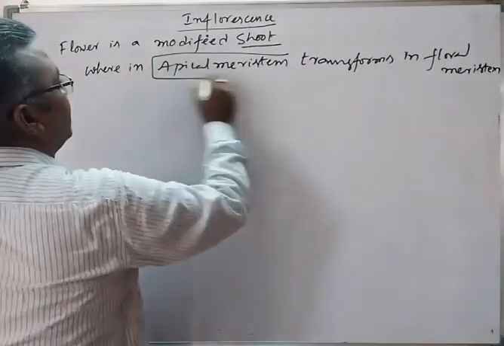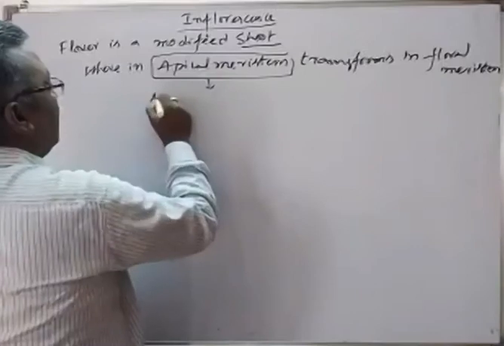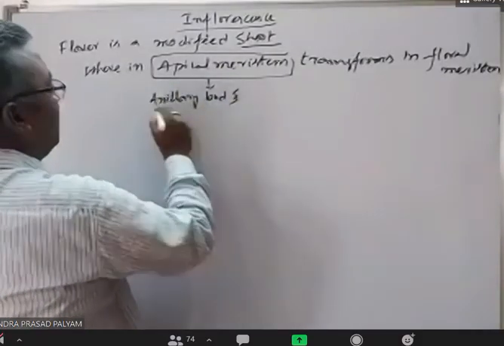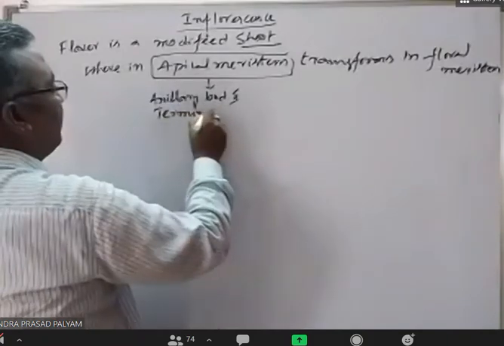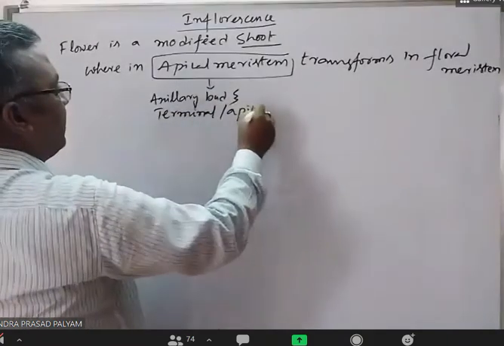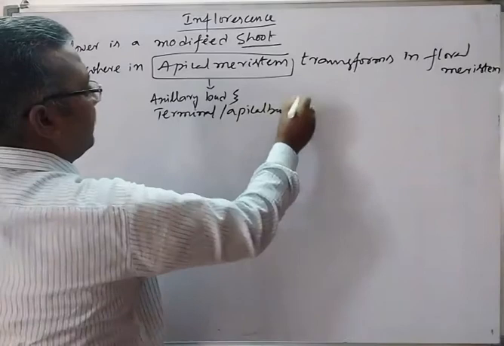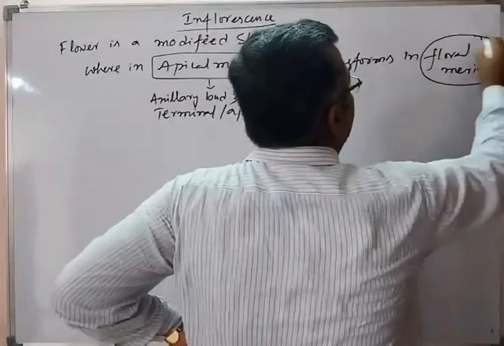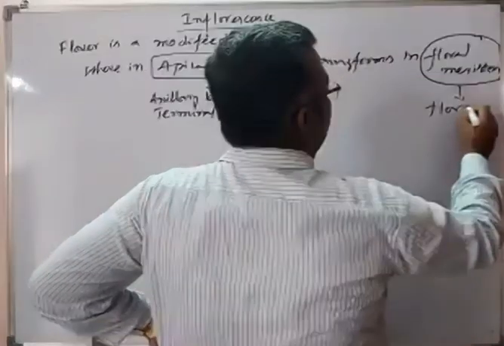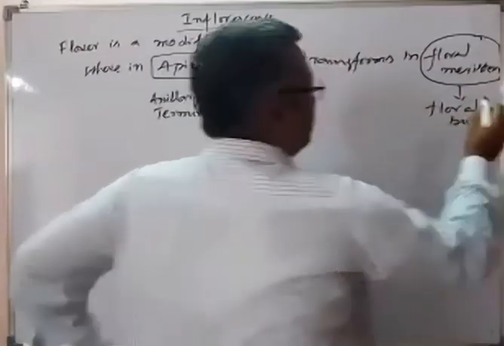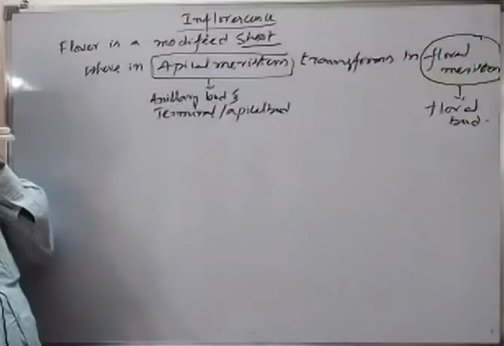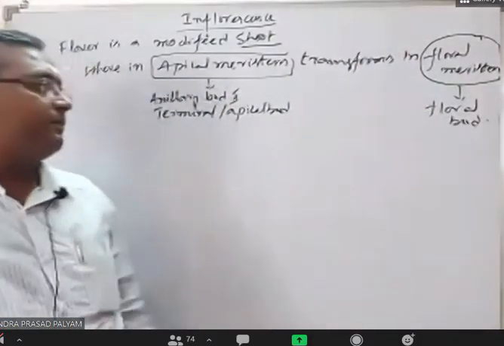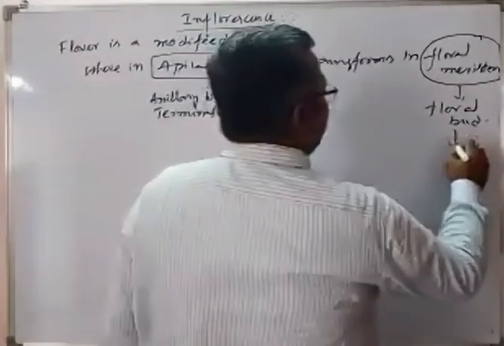Apical meristem includes axillary bud and terminal or apical bud. What is floral meristem? Floral meristem means it is floral bud. Apical meristem transforms into floral meristem so that it becomes a flower.